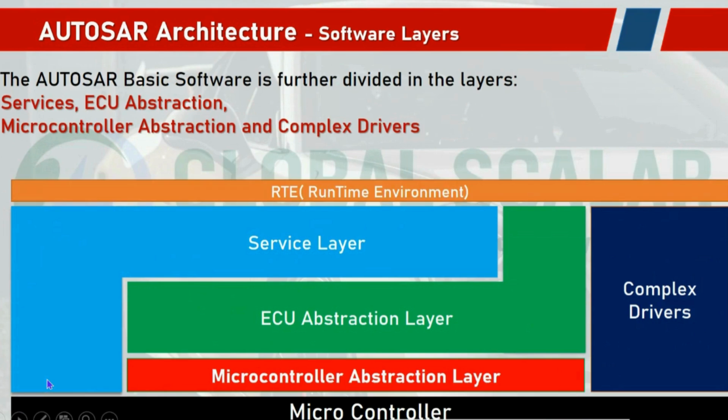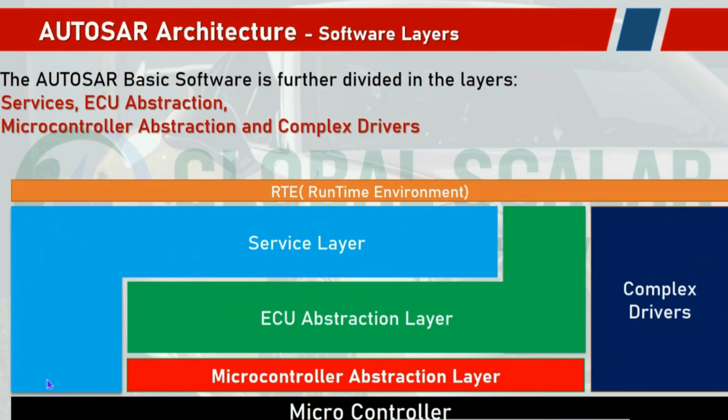On top of that, we have the RTE. The RTE is the middle layer that connects the application software and the basic software layer, the BSW. It acts as the communication mechanism, providing services to the application software components and enabling data exchange between the components above and below.